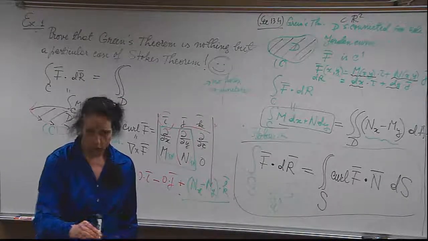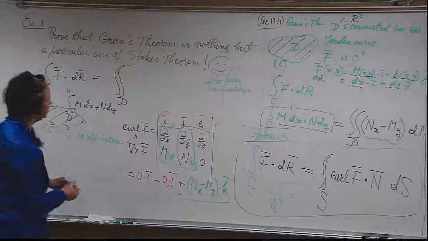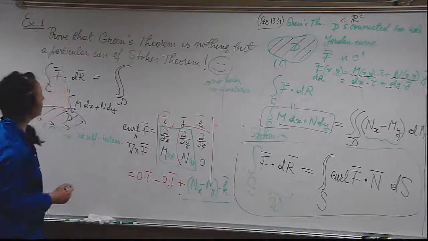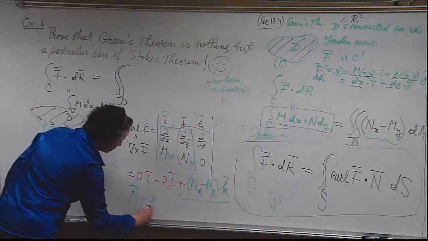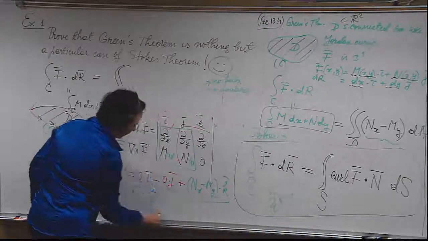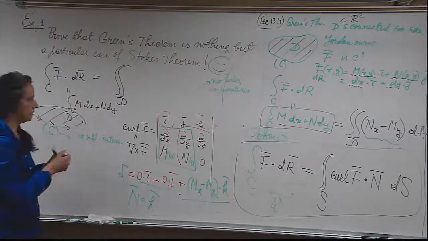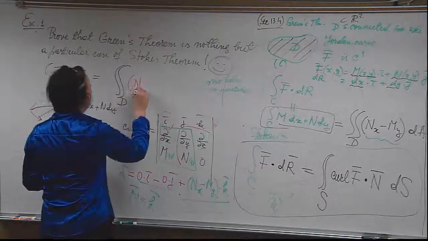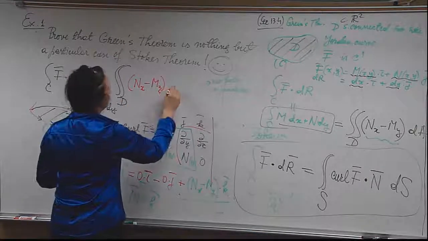K everywhere, all over the domain, so n becomes k. So when you multiply in the dot product this guy with this guy, what do you have? N sub x minus M sub y dA.